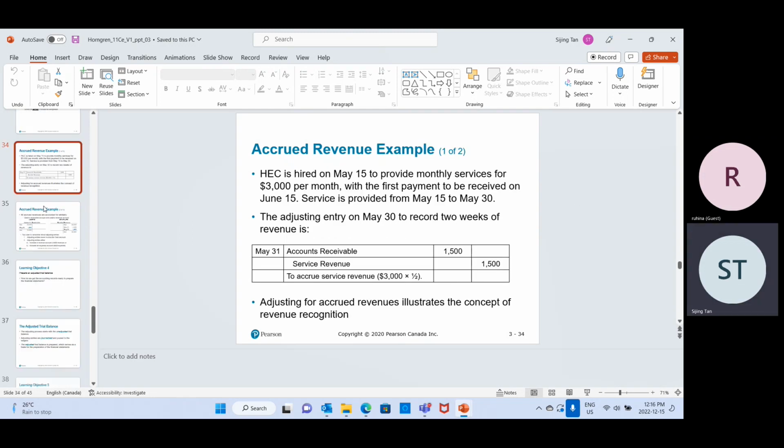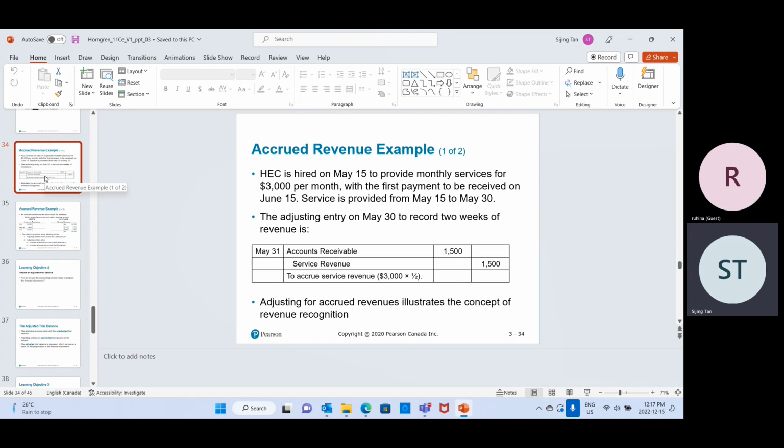So for example, HEC was hired on May 15th to provide monthly service for $3,000 per month, with the first payment to be received on June 15th. Services were provided from May 15th to May 30th. Now we have the adjusting entry on May 30th to record the 2 weeks of revenue, with a debit to accounts receivable, $1,500, and a credit to service revenue, right? Because this is our service revenue.